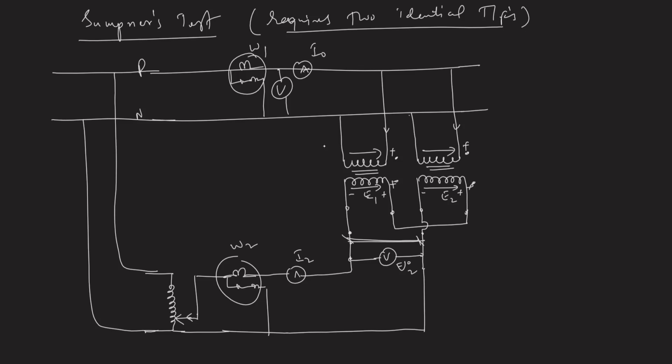So under no load operation, first you can take the readings of W1, I1 and I0 and V, and then once you close this one, keeping this variac at minimum position, slowly increase the voltage applied here, and bring the current flowing in the secondary windings like this.